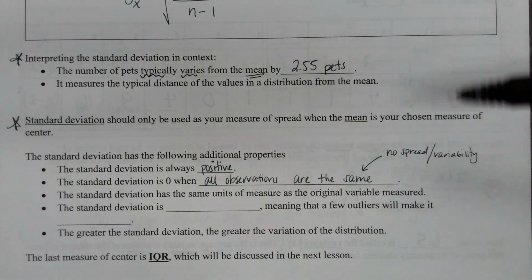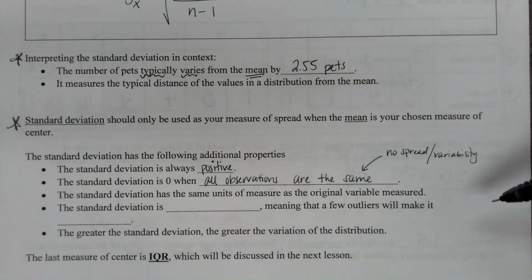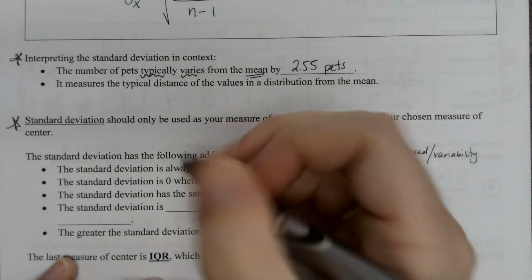So standard deviation always has the same units of measure as the original variable measured. So if we're typically varying by a certain amount of inches or feet or a certain amount of time, that is always going to be the same exact units. The standard deviation, because we're using the mean, is non-resistant.